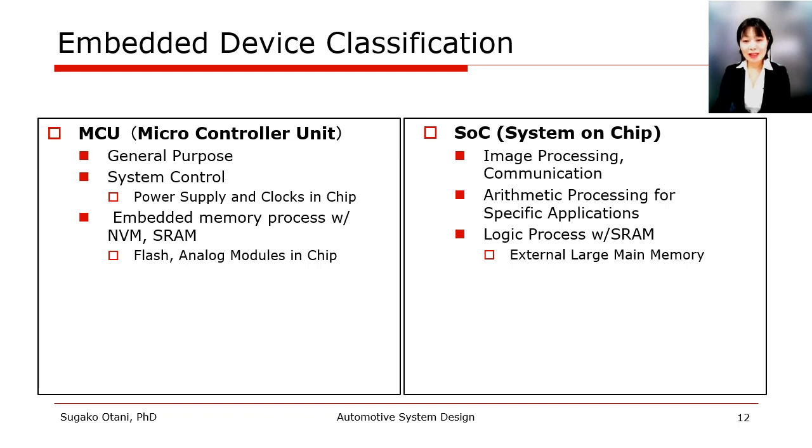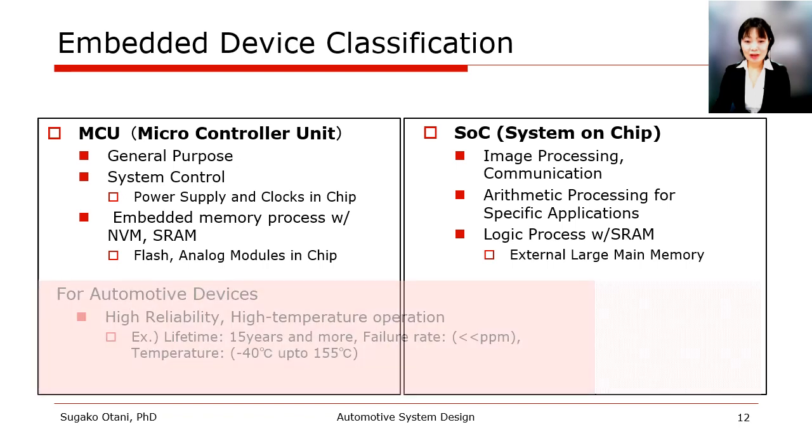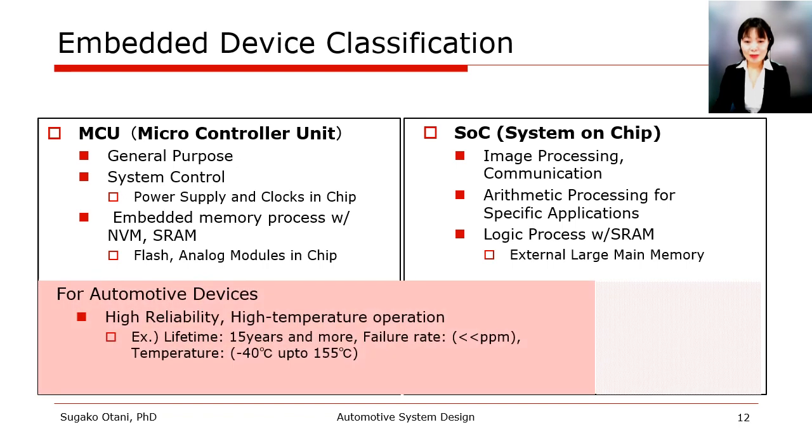So far, this is a general classification. In addition, devices for automotive applications also have automotive-grade high-level reliability and high-temperature operation. As embedded devices in automobiles, MCUs were initially adopted for engine control and now have expanded to SoCs.